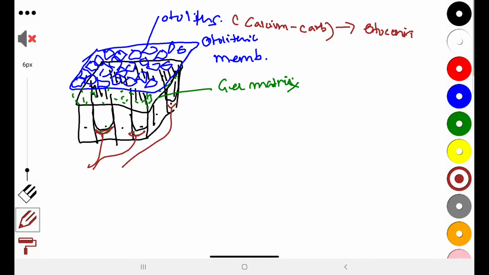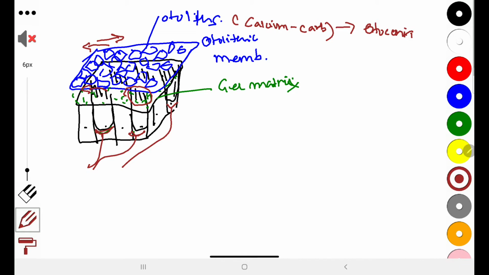It's more dense than endolymph, and the processes of the hairs, these ones, okay, are embedded into the membrane. So if the membrane moves, then we find that there's movement. If it moves this way, it means that there's tilting this side.